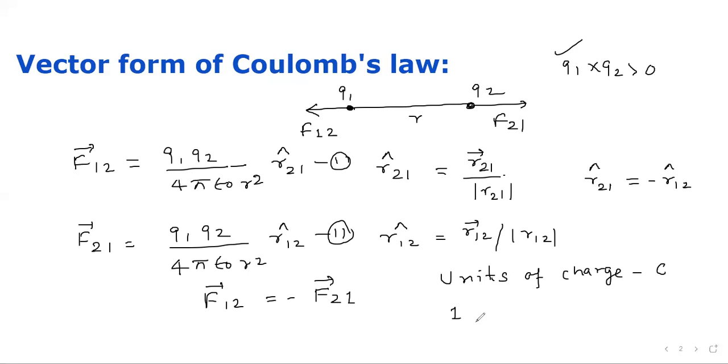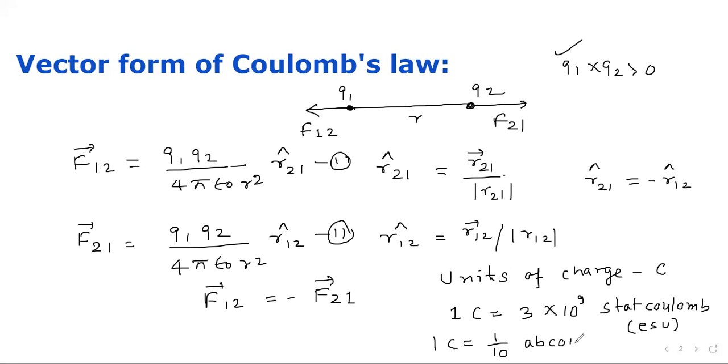This is also called stat Coulomb. 1 Coulomb equal to 3 into 10 to the power 9 stat Coulomb. It is also written as ESU. And 1 Coulomb is also equal to 1 upon 10 abCoulomb. This is called electromagnetic unit, EMU.